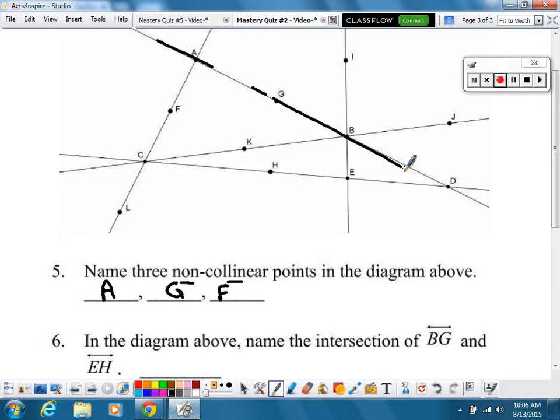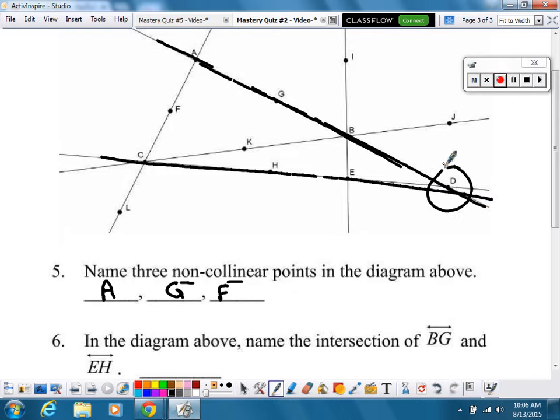Line EH. EH is going to be this line right here. If I can sketch those and draw those out, where do they intersect? Looks like they intersect at point D. That might be the best way to answer this question, is to simply draw those lines out and see where they cross. Point D would be the answer to that intersection point.